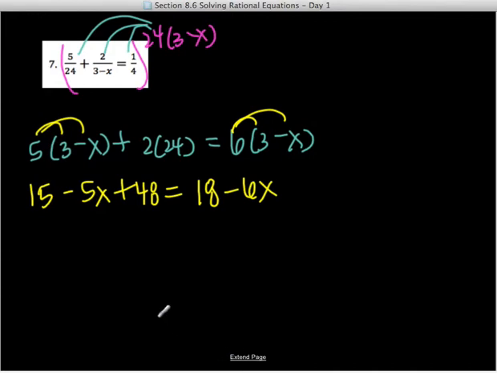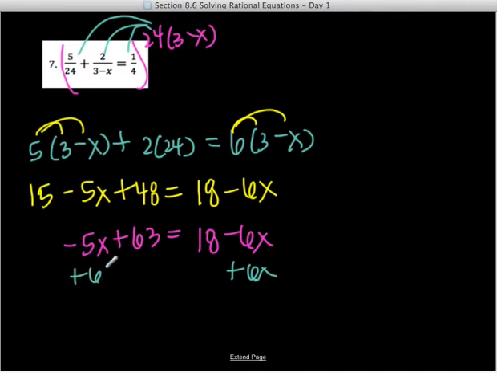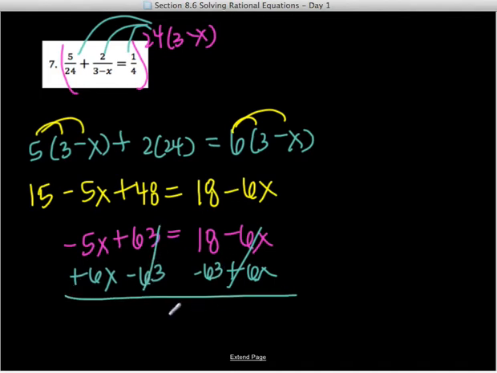Combine like terms on the left-hand side, so 15 plus 48, so I'm going to have negative 5x plus 63 is equal to 18 minus 6x. So I am going to go ahead and add 6x to both sides and subtract 63. So I would have x is equal to 18 minus 63 is negative 45.